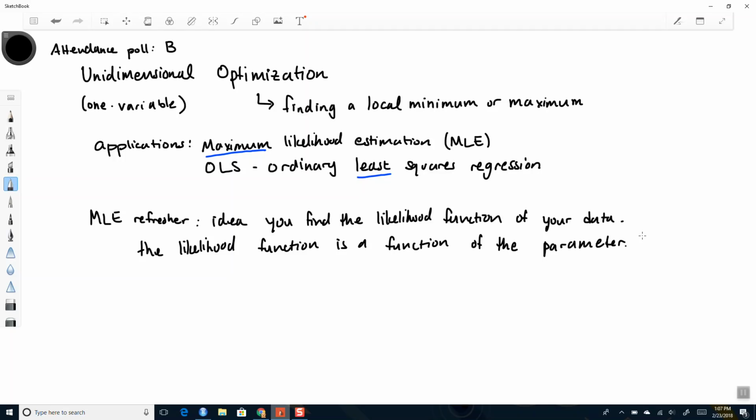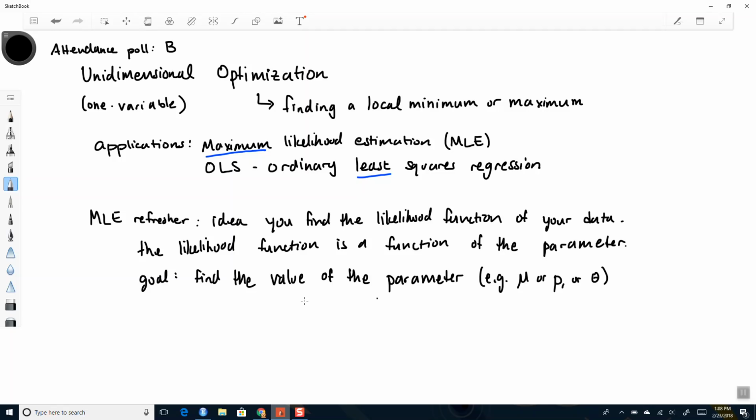So maybe it's the parameter mu that you're looking for, the parameter p or theta or whatever it is. So the likelihood function is a function of the parameter, and the goal is find the value of the parameter. So for example, find the value of mu or p or theta, whatever it is, that maximizes the likelihood function.